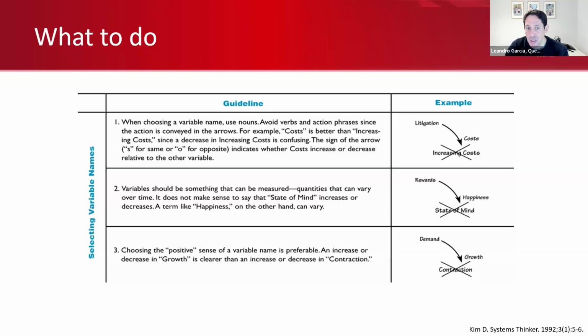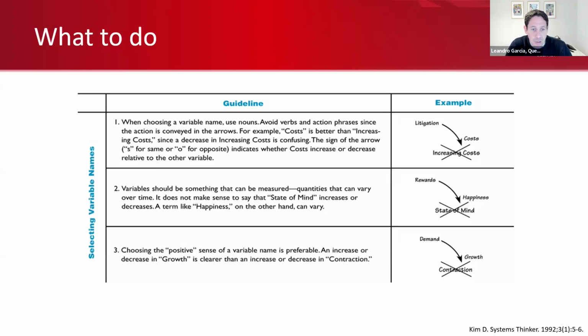As we increase litigations, costs will, let's say, increase. As you decrease litigations, costs will decrease. If you have increasing costs, it makes it difficult to create that logic. If litigations increase, I have increasing costs, or if I have decreasing litigation, I have increasing costs. That's difficult to elaborate. So always use nouns to name your variables.